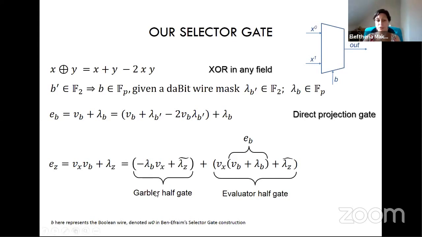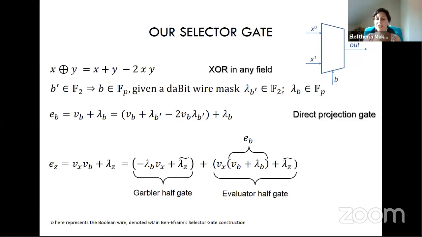So again, I show you the same Garbler half gate and the same evaluator half gate. Here the evaluator knows the external value on the Boolean wire, and the Garbler can reconstruct from the shares the permutation element on the Garbler half gate, and therefore they can compute the selector gate result.